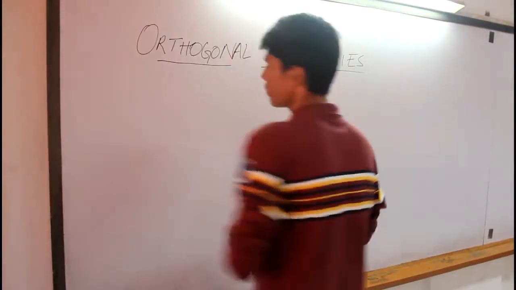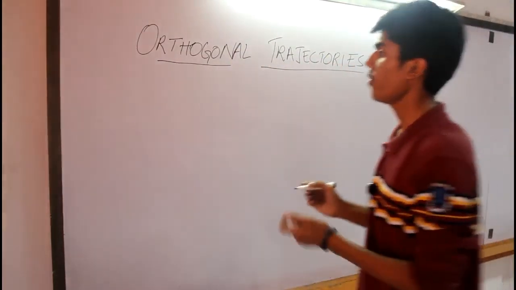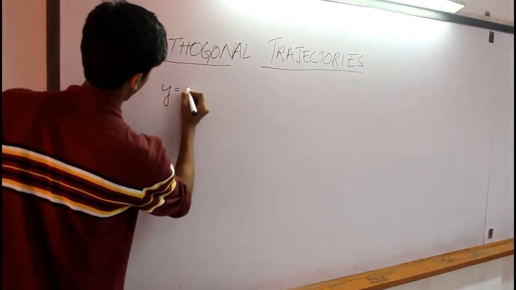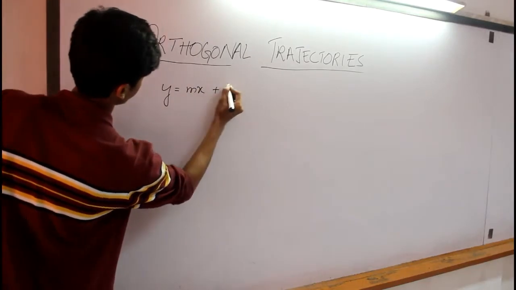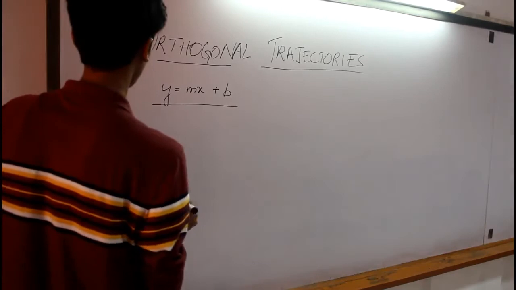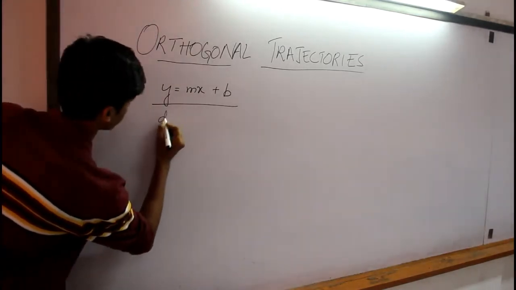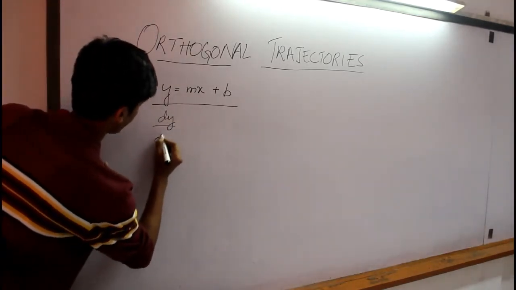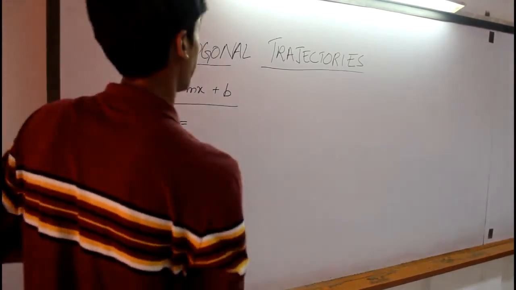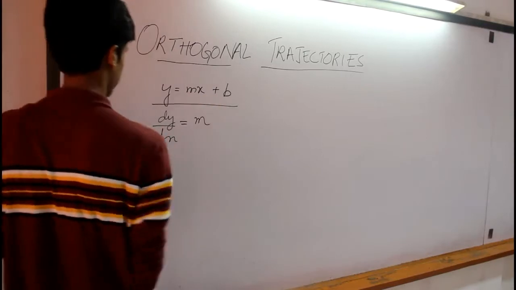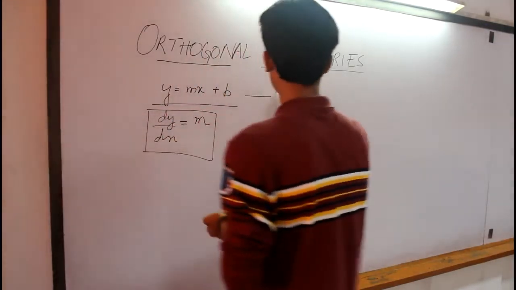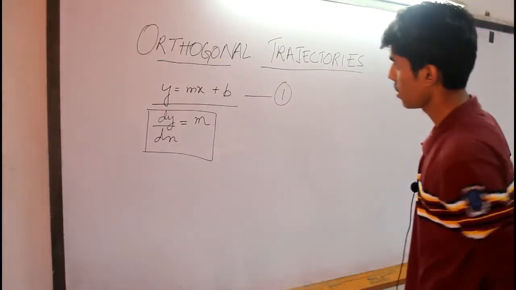If we have an equation in the form y equals mx plus b, when we differentiate it we get the slope of the equation, dy by dx equals m. This is the slope of this equation, equation 1.